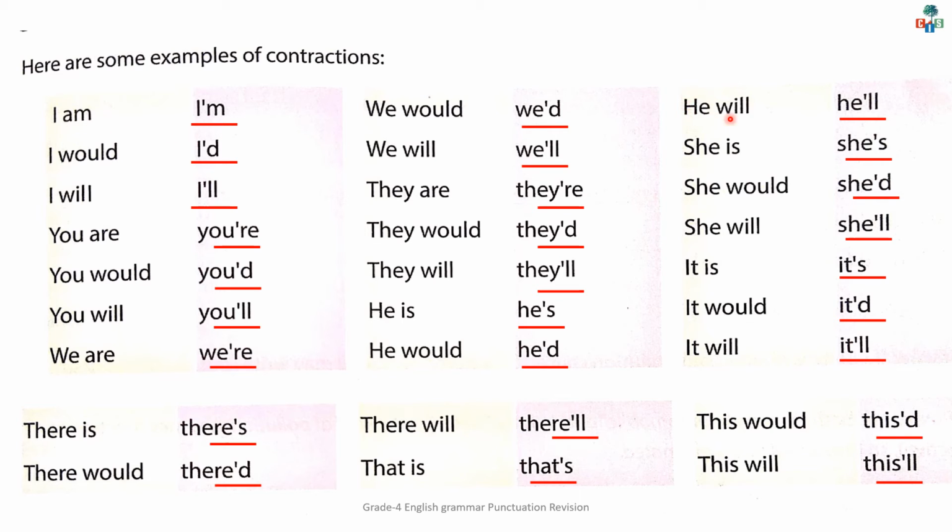See this, he will. When I join these two words using an apostrophe, it will become he'll. You have to omit these two letters W and I, and in that place you will use an apostrophe. So go through this table and make proper use of contractions.